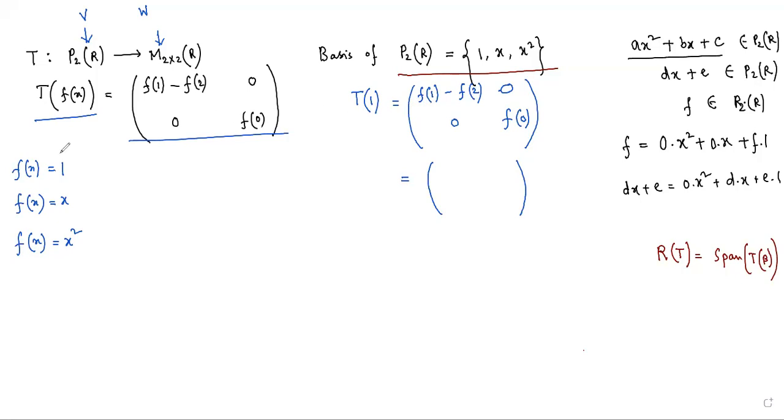Remember, the function is this. Sir, f1 minus f2 should be 0, right, if f(x) is equal to 1? Just a minute, my pen is not working.